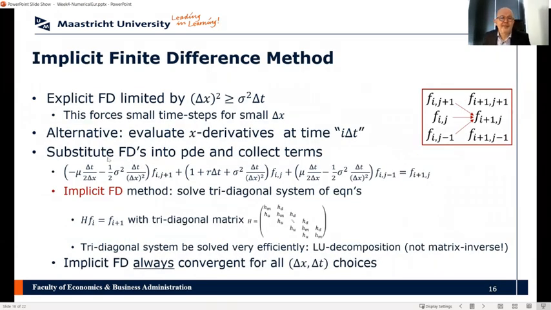If I do that, and again I can do this trick and collect terms, I'm getting a different type of equation. I'm saying the current values f_i,j+1, f_i,j, and f_i,j-1 are connected via these three weights, which don't have the interpretation of probabilities anymore, to the value f_i+1,j that I know from the previous iteration.